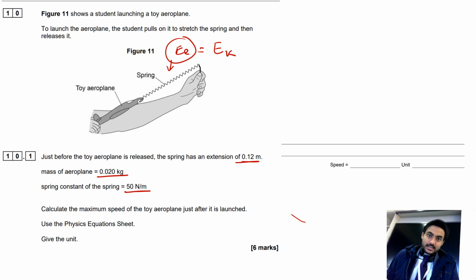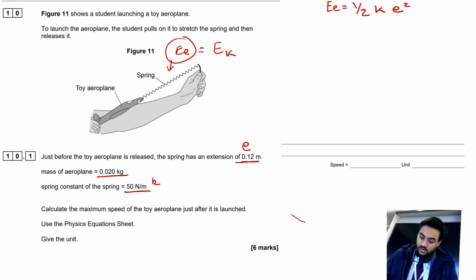I'm not going to bother writing down all of the values for this question, because it's all here. So let's start with the equation sheet and find the equation. The equation that we need for elastic potential energy is half k e squared. Now e is the extension and k is the spring constant.